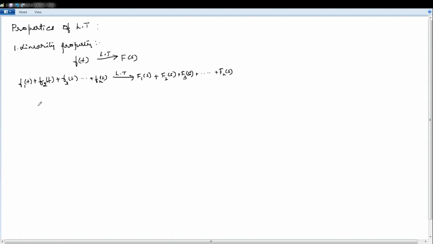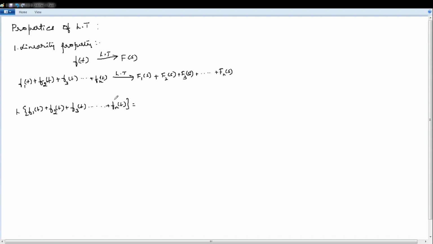Now, how do we prove this? Let me take the left hand side, that is the sum of time domain signals, and take the Laplace transform of them: f1 of t plus f2 of t plus f3 of t and so on till fn of t.